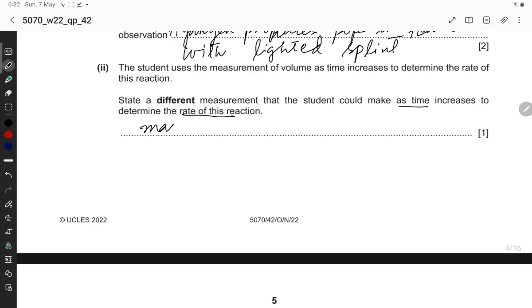Mass of the flask and contents of the flask.